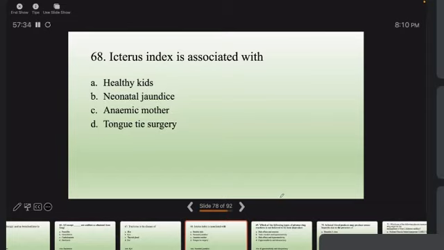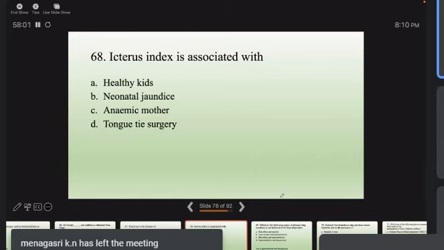Icterus is basically the first sign to check for jaundice. Jaundice is associated with yellow color, the color of the serum bilirubin, so the icterus index determines the extent of yellowishness in children.